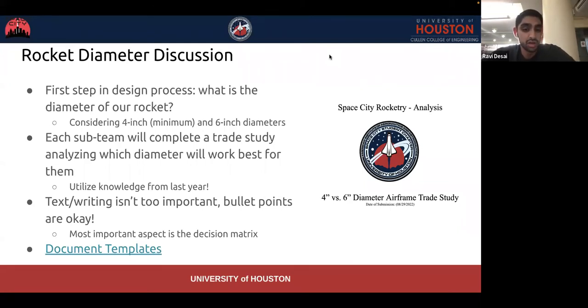We do want to move things along pretty quickly this semester and try to get that design done before the end of the semester. So the sooner we can make this decision, the better. That's why we didn't want to emphasize too much about the writing, just focus on your actual decision. You can find the document template for both the trade study and your decision matrix linked there, but it's also on the first page of the drive.